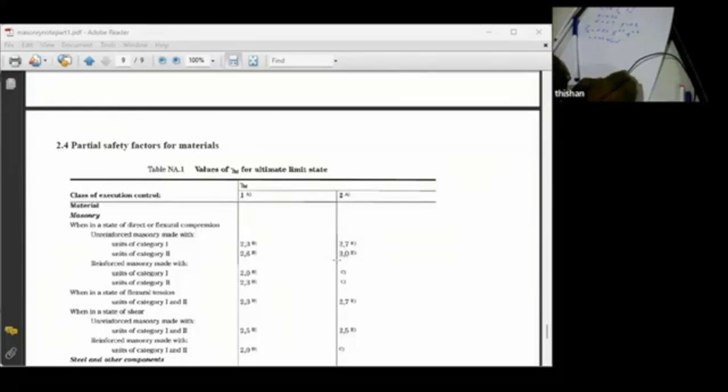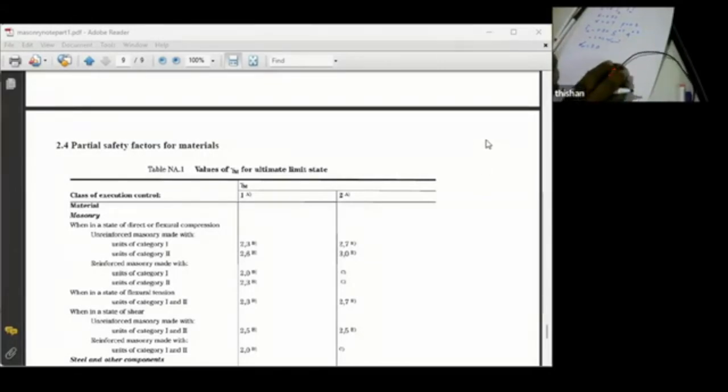And the important thing about load bearing construction is you have to do the construction properly with reasonable quality control. So if you want, you can use 2.6. The worst case is 3. So I'll assume gamma m is 3.